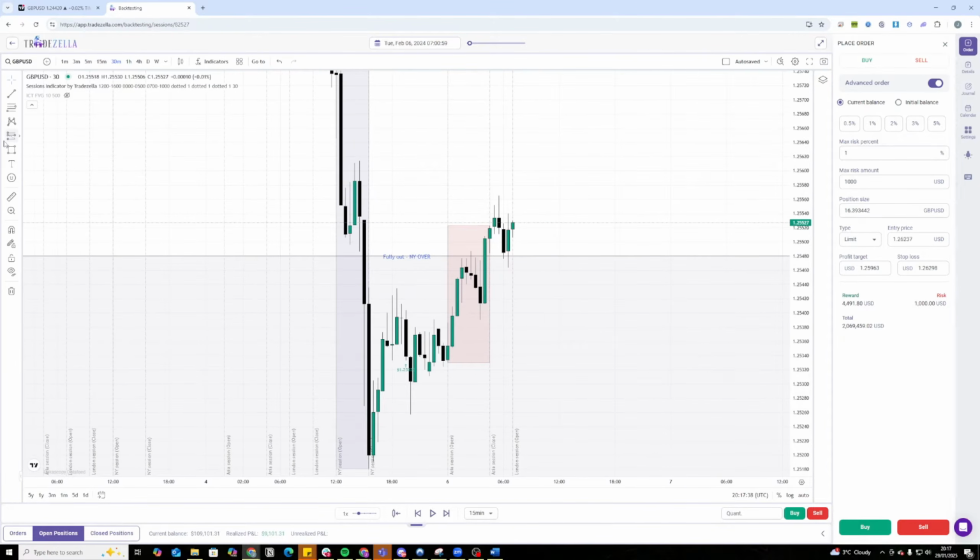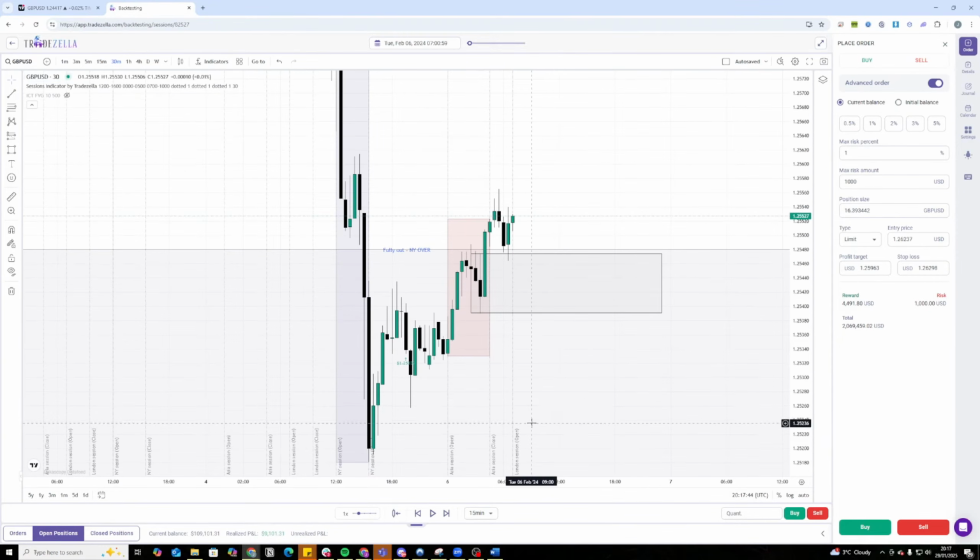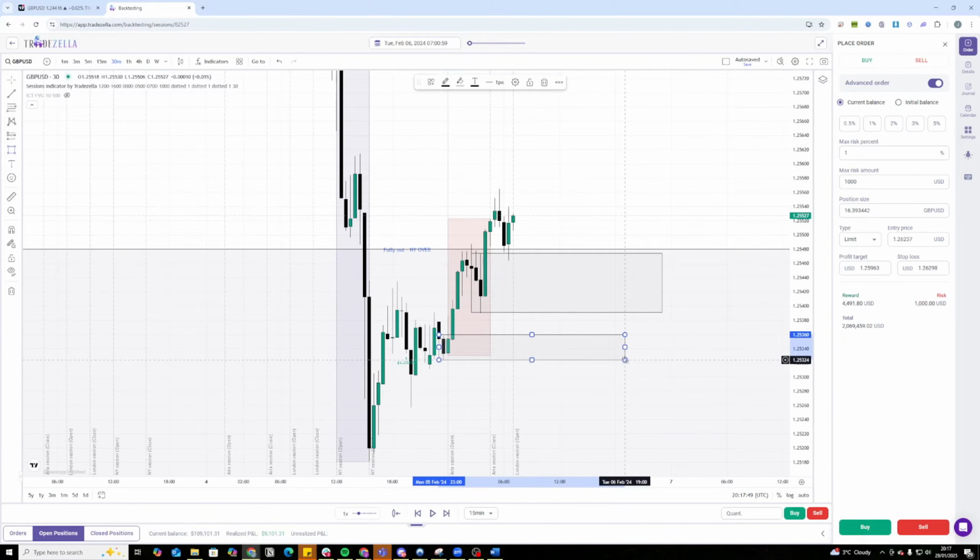Now we have also got another area of demand here that we've just tapped into, and it does have a fair value gap before it. We've also got this area here that we're looking at on the 30-minute.